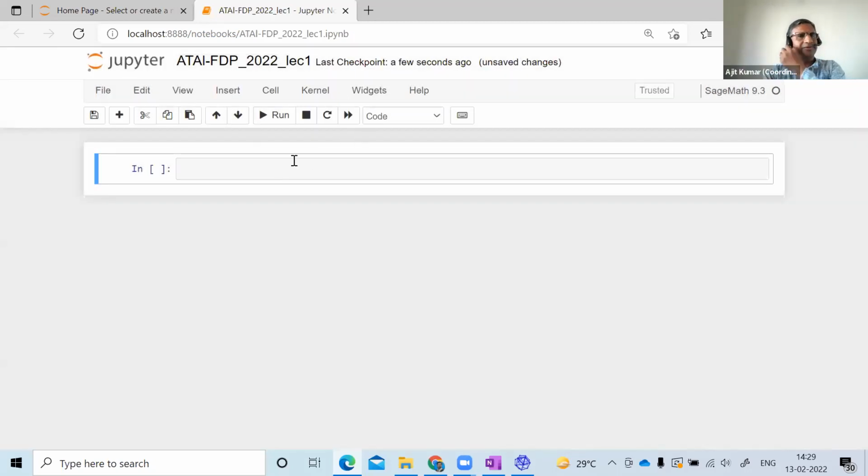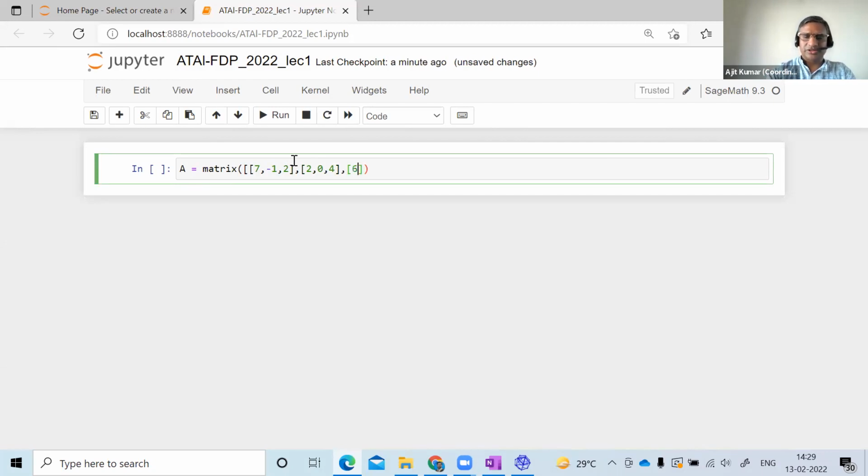This is where we will type. Let us define a matrix. You already know how to define a matrix. I have some matrix A, which is, let us say, 7, minus 2, 1, minus 1, 2. This is my first row. Then the second row is, let us say, 2, 0, 4.